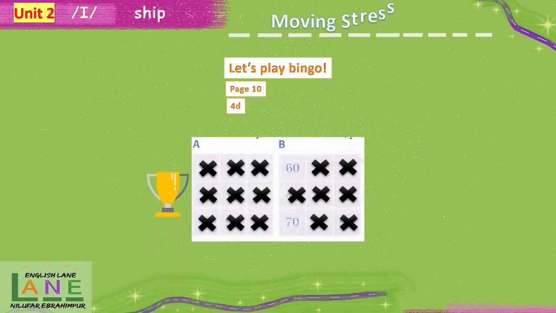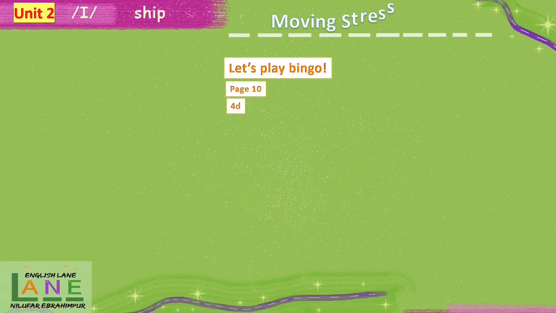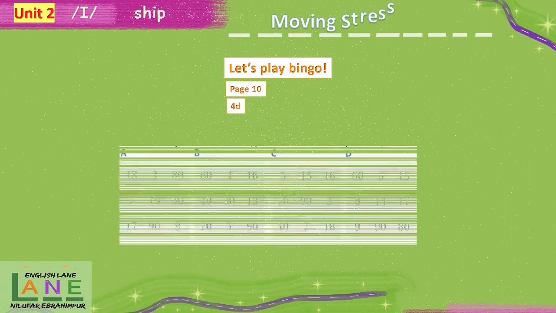Yes, square A won the game. So this is how you play this game when you are not in a class with other students. So this is what I want you to do with square C and D. How? Well, I don't read the numbers. It's your turn.